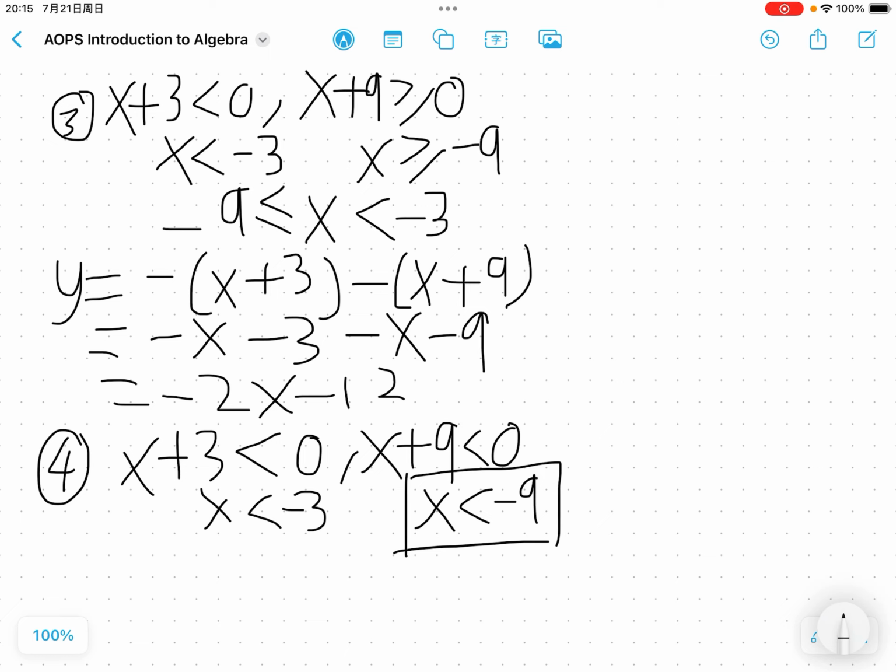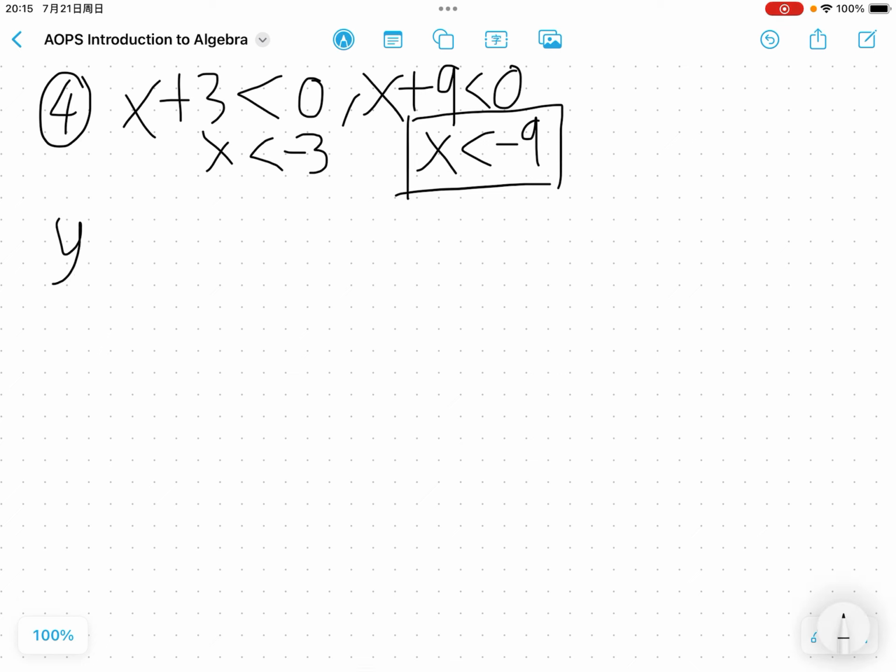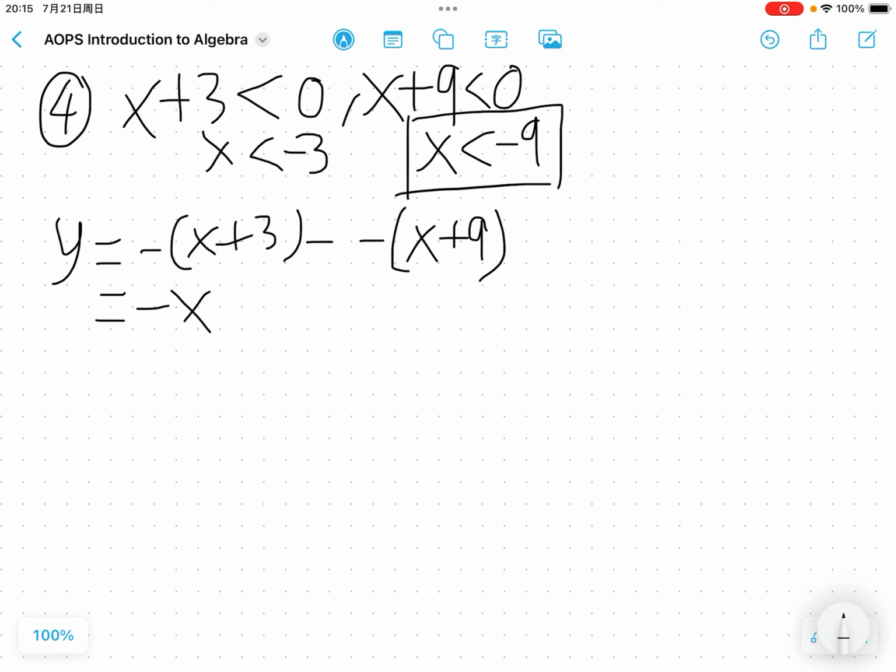X less than negative 9 is the stricter inequality, so we choose x less than negative 9 for case 4. We simplify the equation as y equals minus (x plus 3) minus (x plus 9). So we have minus x minus 3 plus x plus 9, the two x's cancel out, and we get y equals 6.